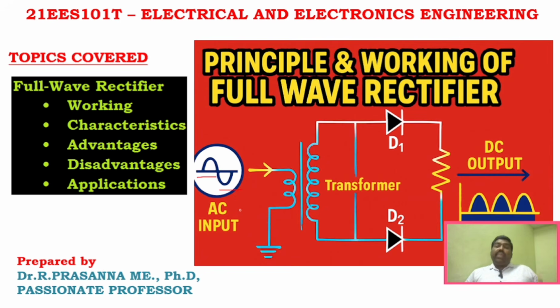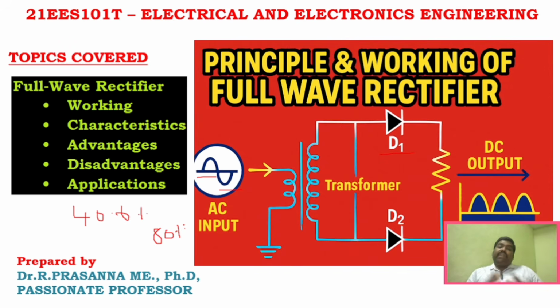Whereas in half wave rectifier we have used only a single diode and it conducts only during one half of the cycle, right? Because of this working of full wave rectifier, the efficiency can be increased, whereas in half wave rectifier the efficiency is only around 40.6%, here the efficiency can be doubled to around 80%. That's because it conducts both during positive and negative half cycle, right?